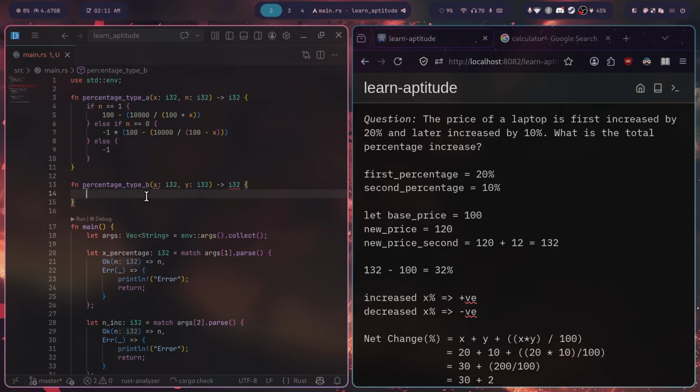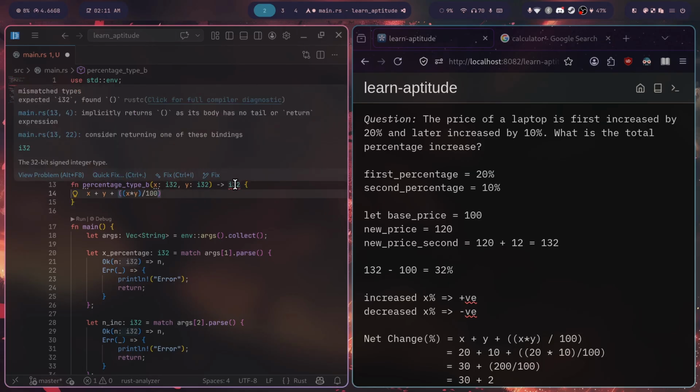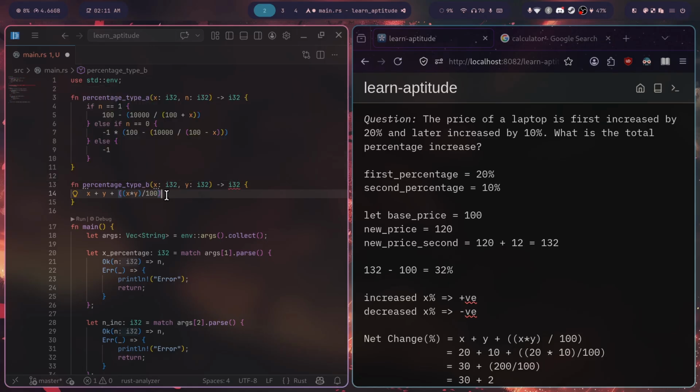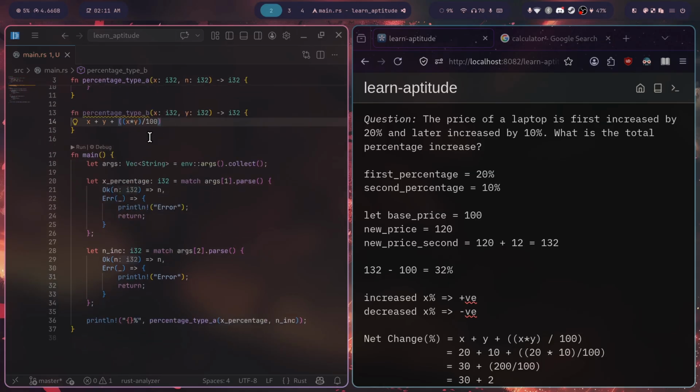So for type B, I have x and y values and I simply need to return x plus y plus x into y divided by 100. I can put this in brackets, and that should give me the result. Now it is saying i32, but mismatched type found. Why is it showing like that? Yeah, it is working. So I can use this one.